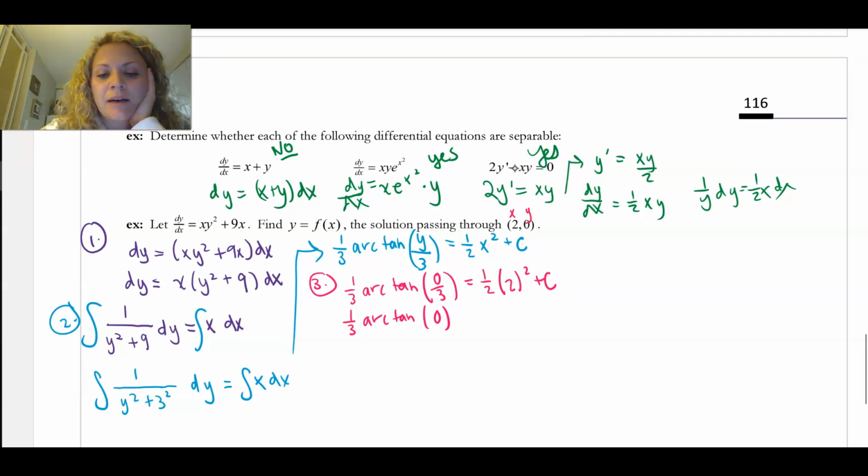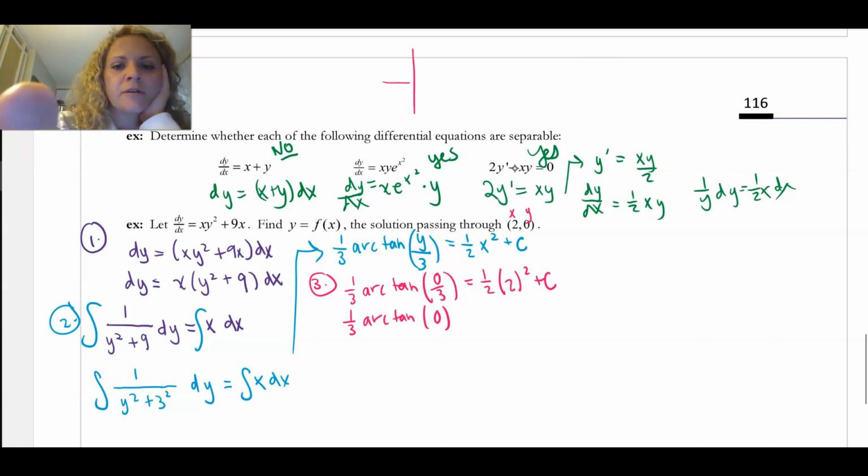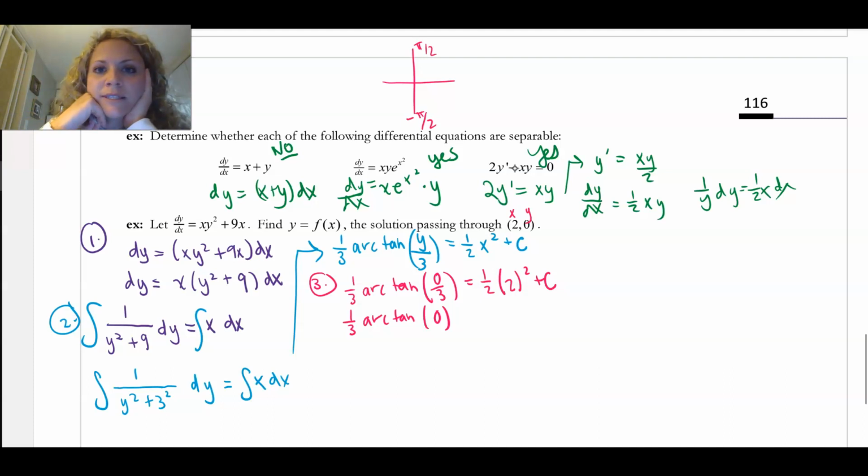If we just think of our unit circle, here's negative pi over 2 at the bottom, positive pi over 2 at the top. When's the tangent 0? Well, tangent is sine over cosine, so the tangent will be 0 when the sine is 0, which happens at 0 radians. So the reason I changed my mind about multiplying by 3 on both sides is it's just going to be 1/3 times 0, which seems easy enough to do on our own.